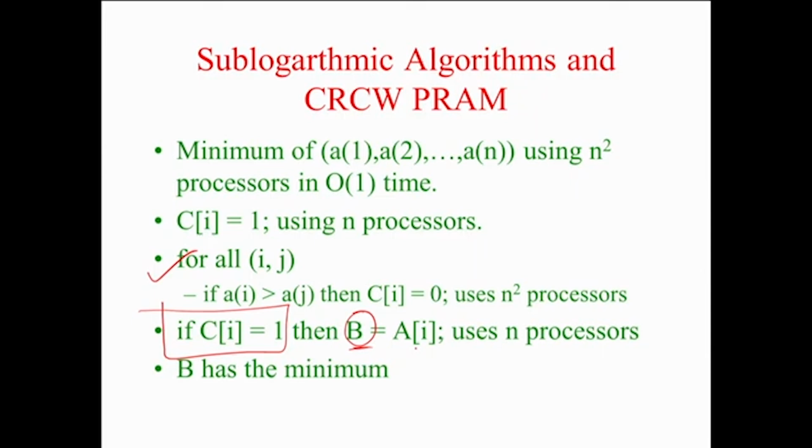Suppose Ci and Cj are both 1, and let us assume Ai and Aj are different. Then what would have happened? Either Ai would be greater than Aj or Aj would be greater than Ai. Then correspondingly either Ci or Cj would have become 0. Now I say both are 1. So that is a contradiction, and hence using n squared processors, I can find the minimum of n numbers in constant time.